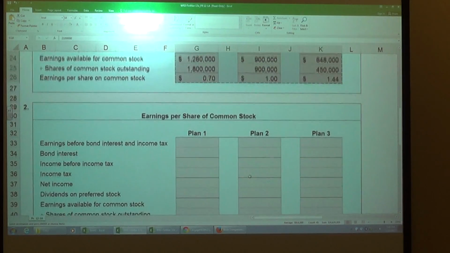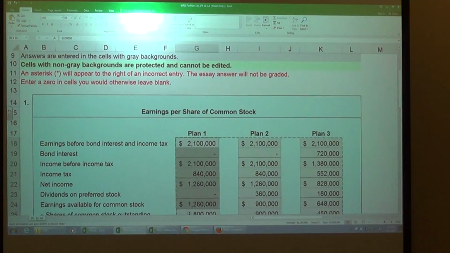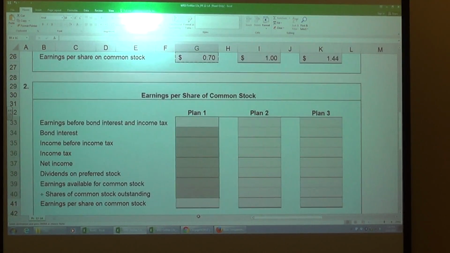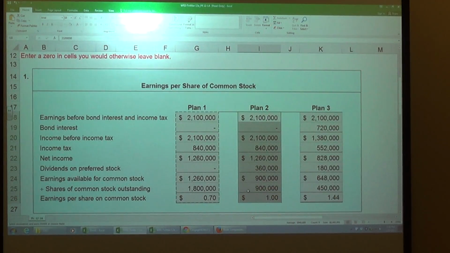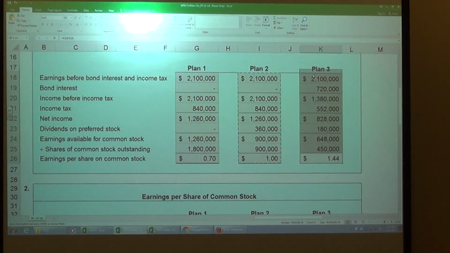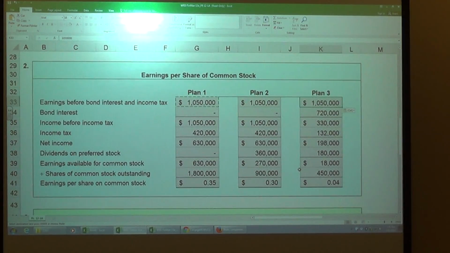So I'm going to take all of that, paste it right in here. All right, so now everything's good there.